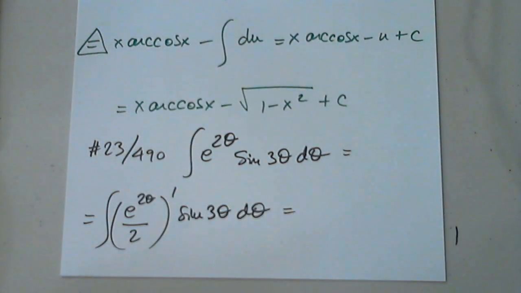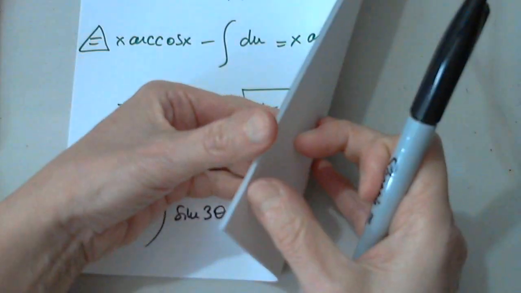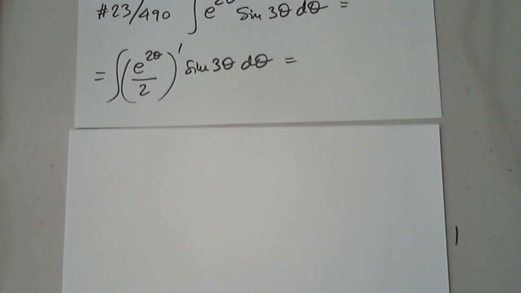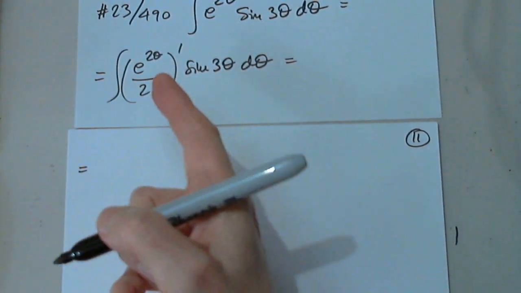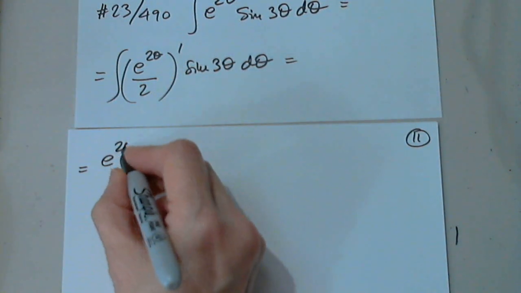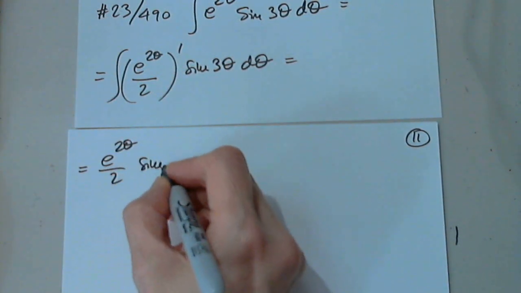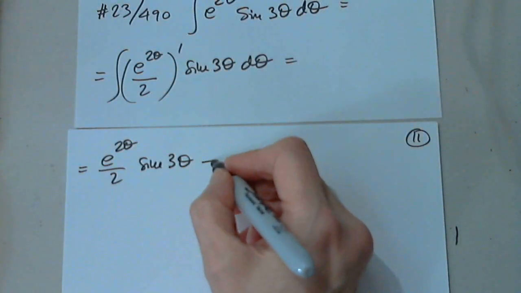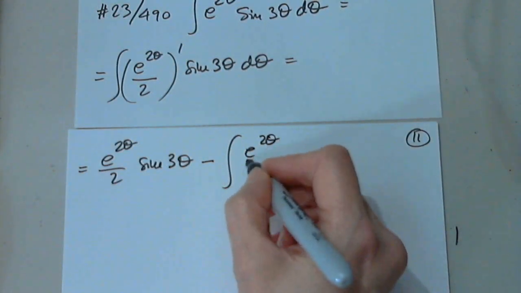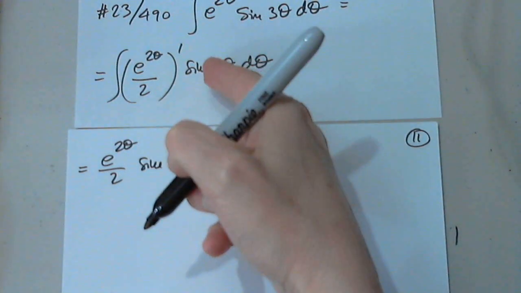So I'm going to move on to the next page. Okay, I'm on 11. Good. So fg is e to the 2 theta over 2 sine 3 theta. Now minus the integral of e to the 2 theta over 2 times this prime.